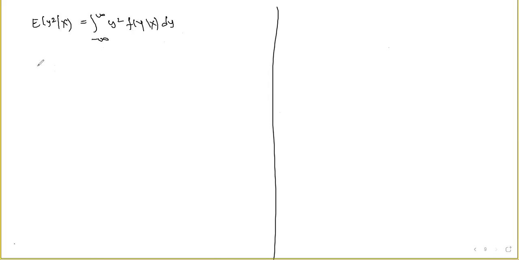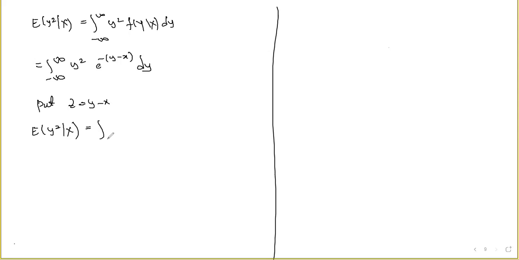Okay, now integration minus infinity to infinity y square, as it is, and this is obtained, that is e power minus of y minus x dy, right? Same again, put z equal to y minus x, then expected value of y square given x equals integration 0 to infinity, this is y square, y means z plus x whole square, e power minus z dz, right?